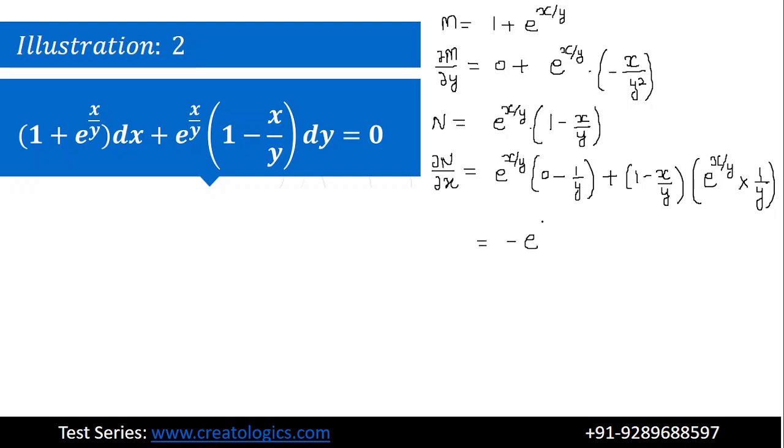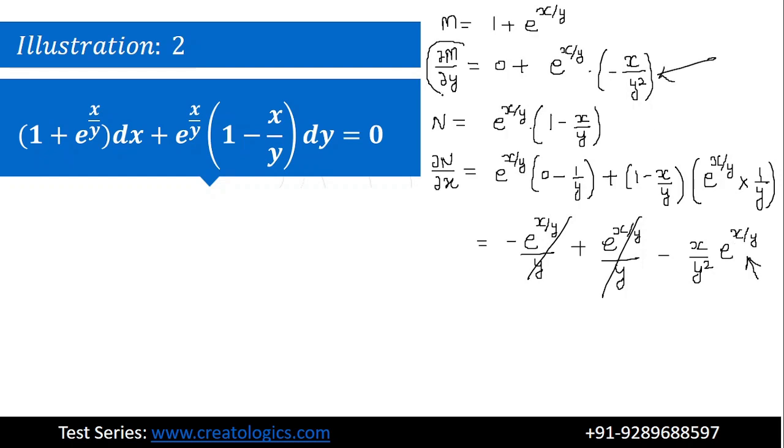I get e raised to the power x upon y divided by y, and from this part I get e raised to the power x upon y by y minus x upon y square e raised to the power x upon y. So this will get cancelled with this one, and you can see this is coming out to be the same as this one. So the partial derivative of M with respect to y becomes equal to the partial derivative of N with respect to x.